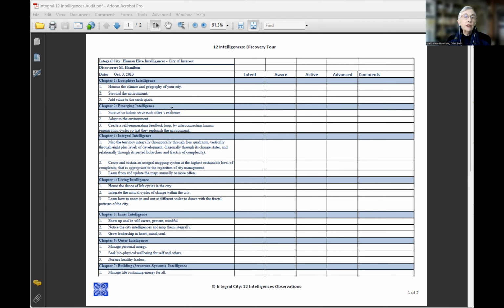So for ecosphere intelligence, what I would be looking for as evidence is, first of all, honoring the climate and geography of your city. Are you aware that, say, you're a city on a lake and you live in a temperate climate zone? Secondly, do you steward the environment?